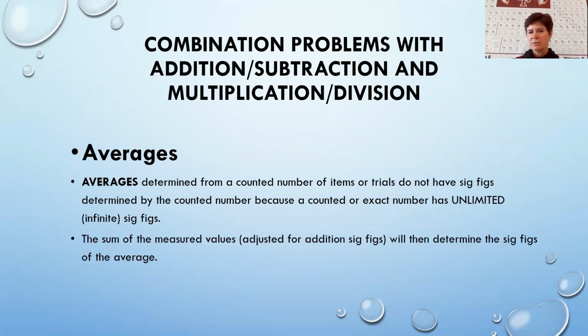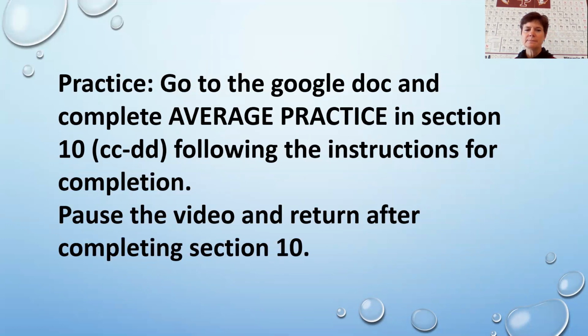The sum of the measured values adjusted for addition sig figs will then determine the sig figs for the average. Go ahead and do the average practice. There are two problems here in section 10. That will be CC and DD. Pause the video and return after completing section 10.